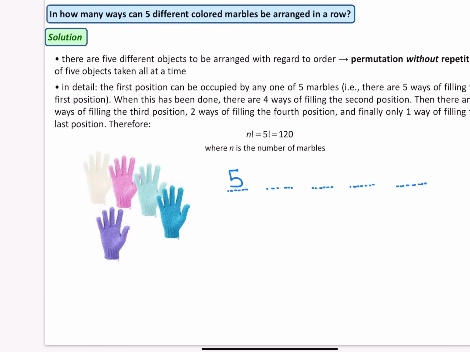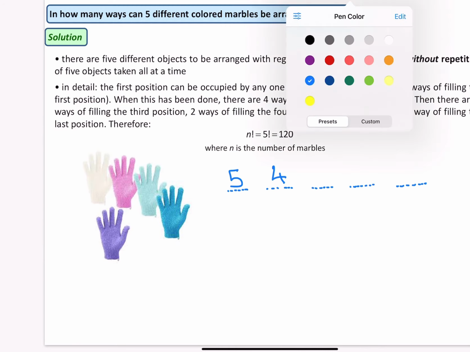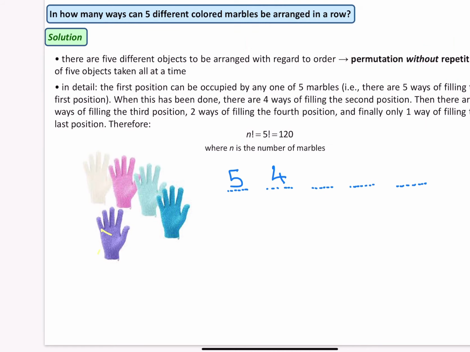So the second marble will be 4, because I have already taken one. For the third chance, I have only 3. So here it will be 3.